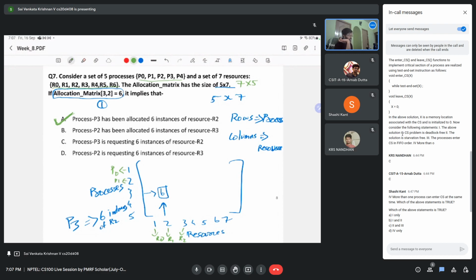Okay, so the indexing is also from 0, 1, 2. Right, right. So I made a mistake in the indexing. Sorry. So in that case, 0, 1, 2, 3, 4, and 0, 1, 2, 3, 4, 5, 6.